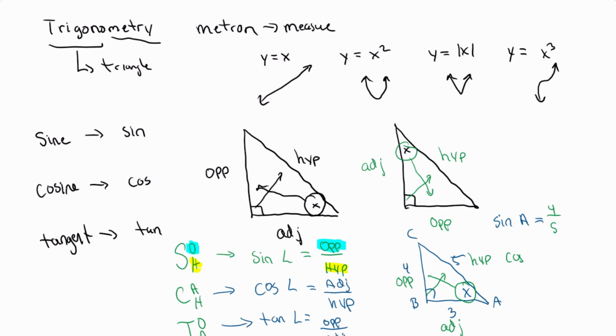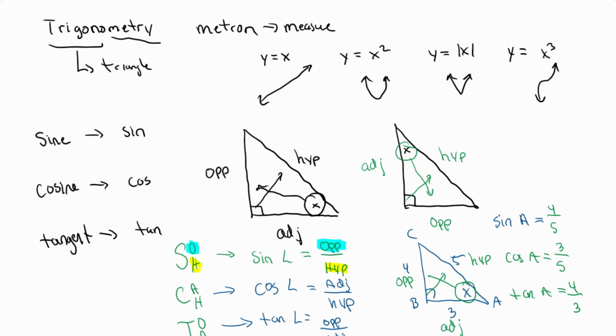The cosine of angle A is going to be adjacent over hypotenuse. The tan of angle A is going to be opposite over adjacent. So the key is to circle and label the angle you're looking from.